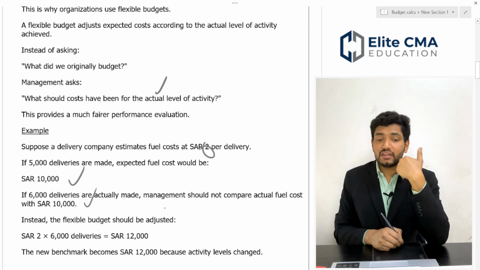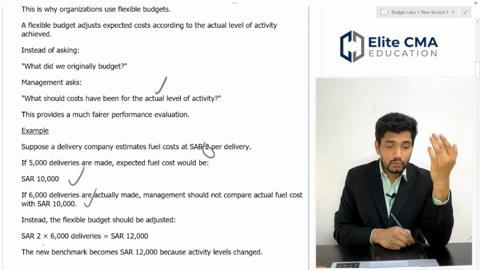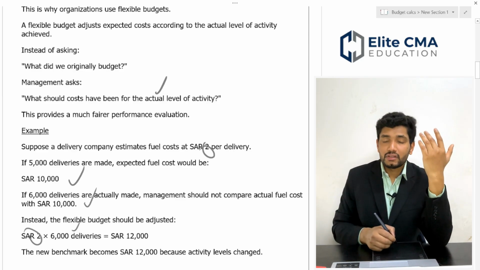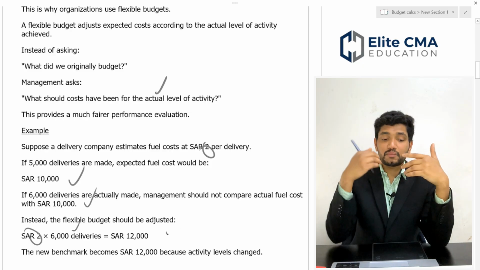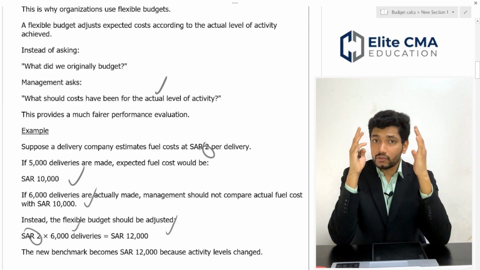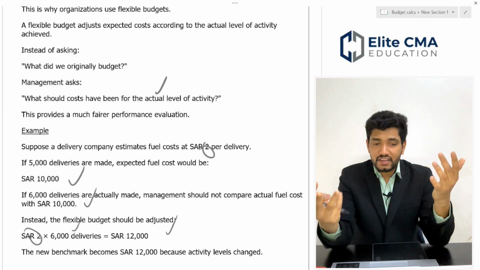Instead, the budget should be adjusted. That means 2 times 6,000 deliveries, that is 12,000, should be your budgeted expense. So now your benchmark becomes 12,000 because the activity level changed.